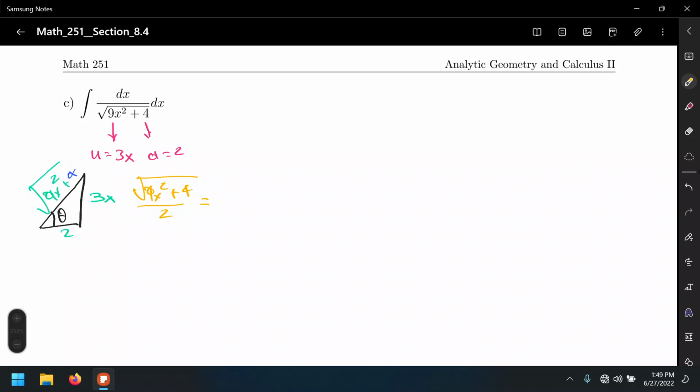Be careful this time. Because we have hypotenuse over adjacent, 1 over cosine, or secant. So the radical 9x squared plus 4 over 2 equals secant theta. So we have a substitution for the radical, which is great.